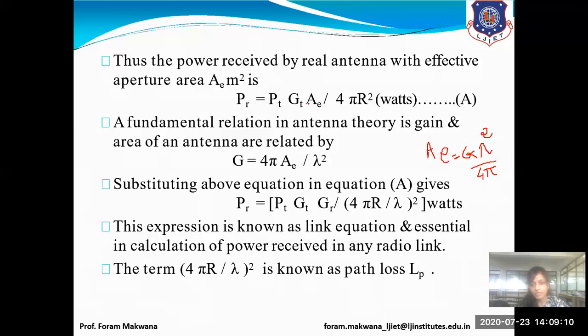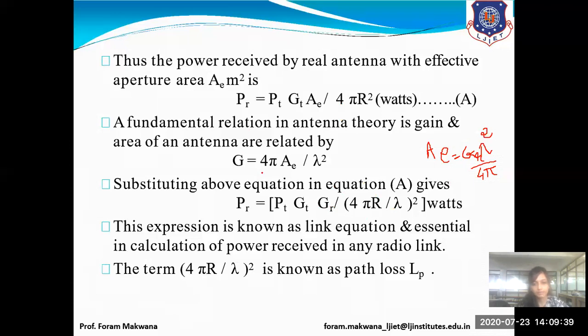So GT, but that G is for the receiving antenna, so GR, into lambda square upon 4 pi. Right? So we can say that it's 4 pi R upon lambda's whole square. So PR equals PT GT GR upon 4 pi R upon lambda whole square watts.